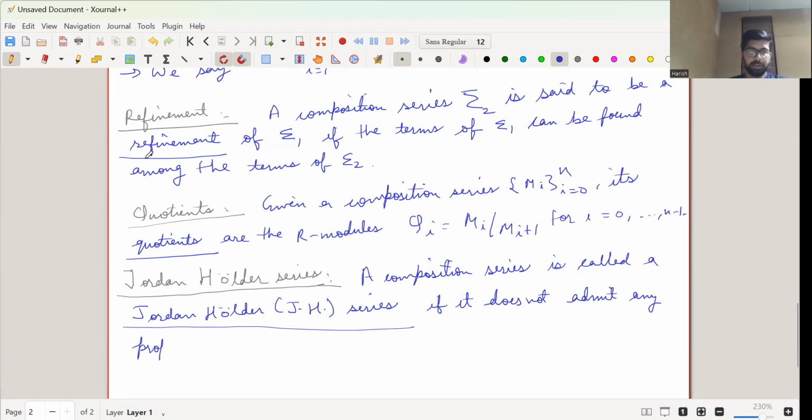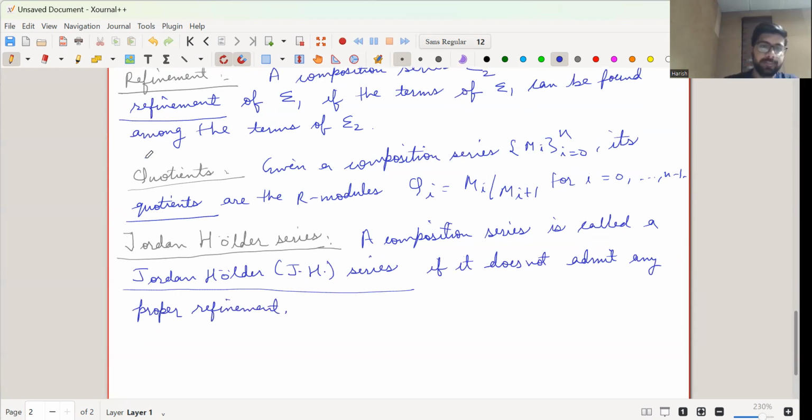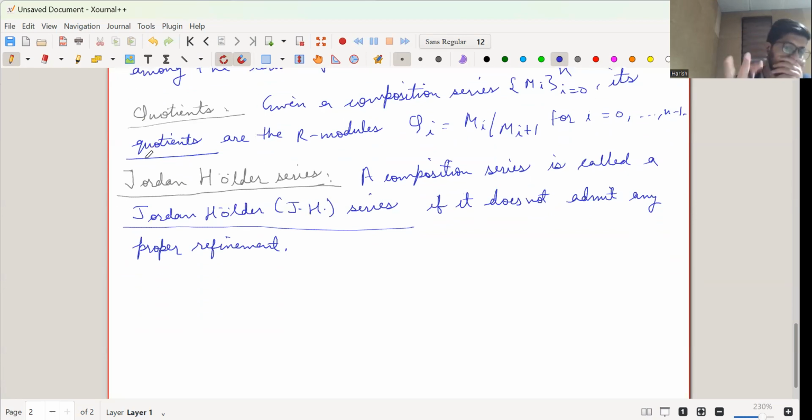So that means if your composition series is refined to the maximum, it does not have any other refinement, then at that stage the composition series is said to be a Jordan-Holder series. That's why the refinement is there. So now this Jordan-Holder series plays an important role. For that only, I think, the refinement is being discussed.